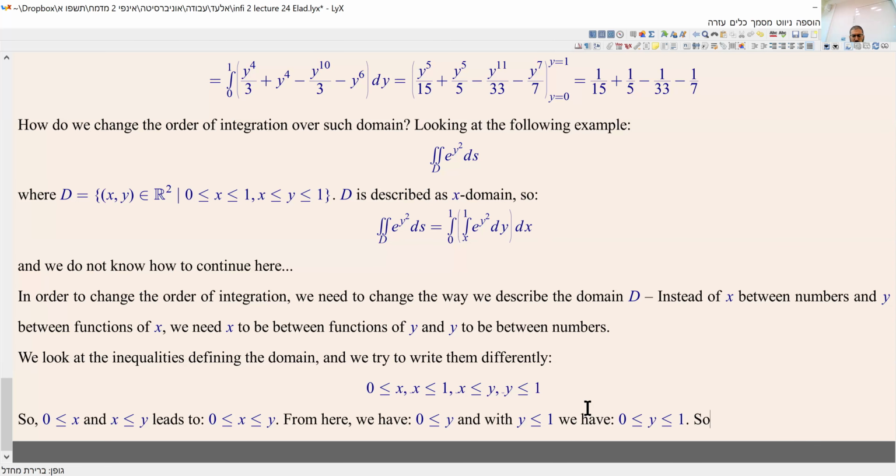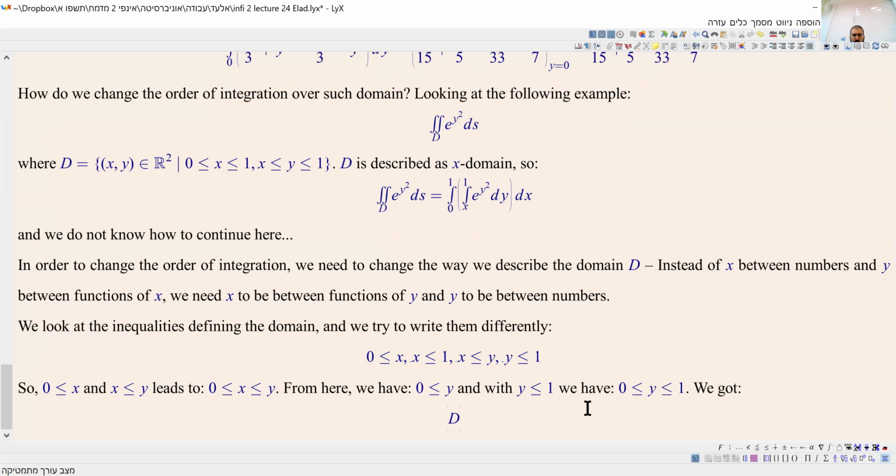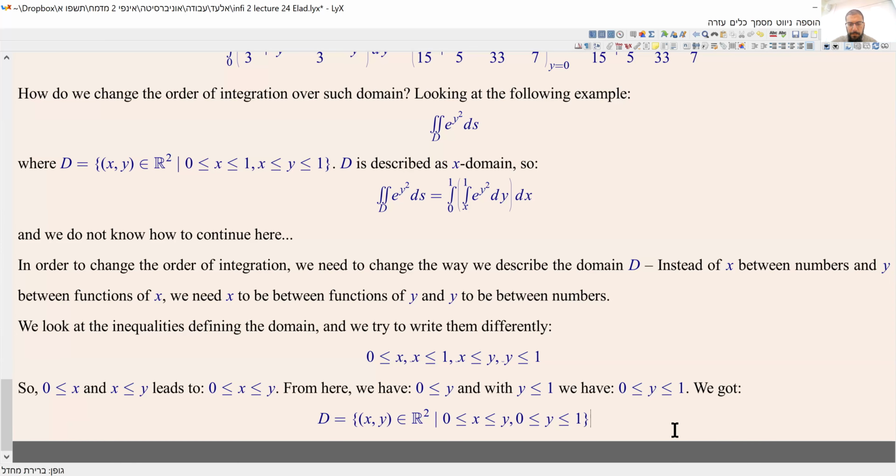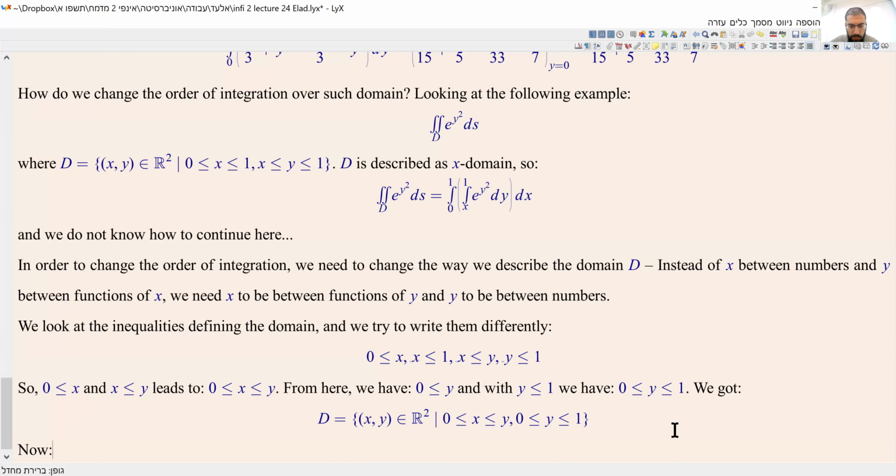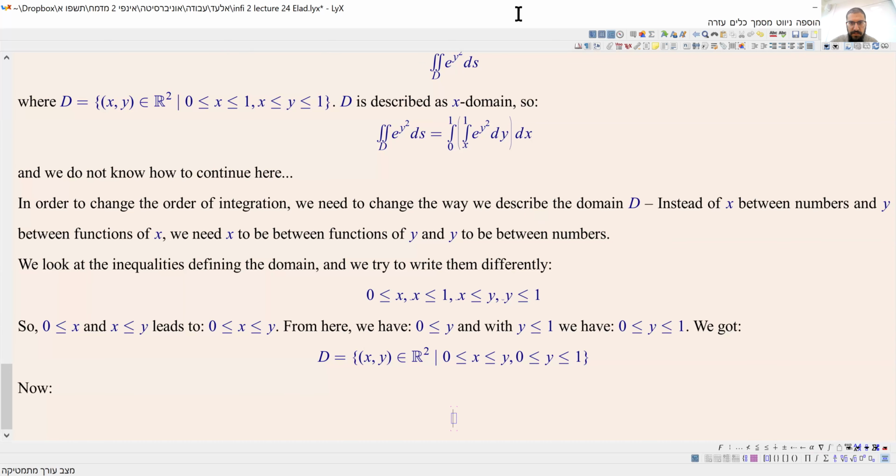So what we got, ladies and gentlemen, is that the domain D is actually all the x and y where x is between 0 and y, and 0 and 1 are the numbers bounding y. And now we can calculate the integral above D the other way.